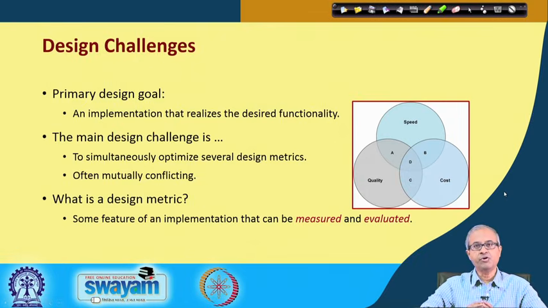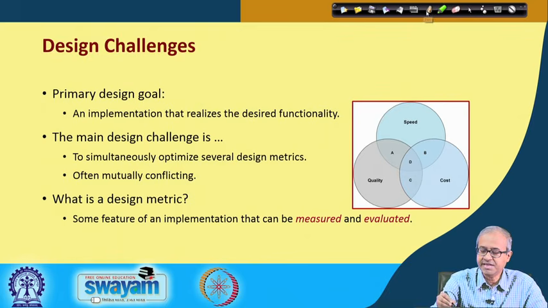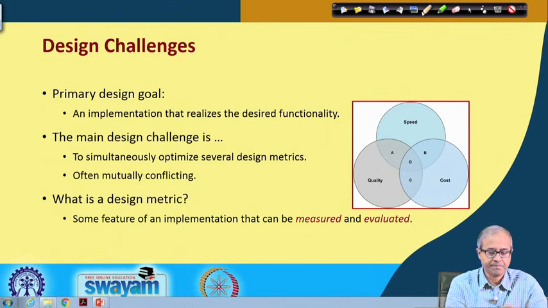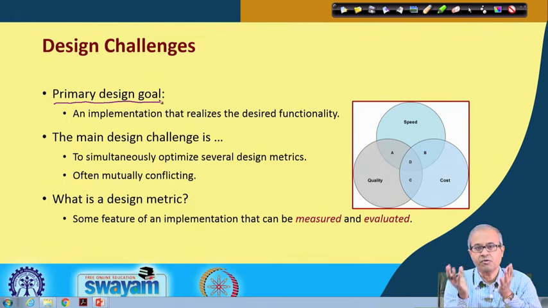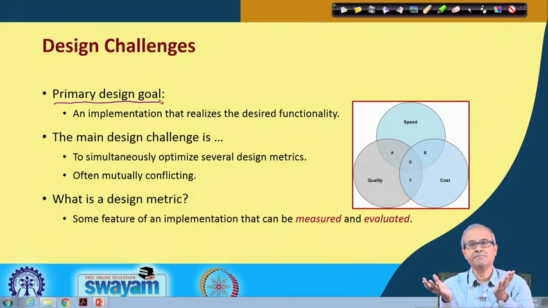Let us look at some issues relating to design challenges first. Now, when you are designing an embedded system, your primary design goal will of course be to design a system which realizes the desired functionality. Suppose you are trying to build an embedded system for a washing machine.